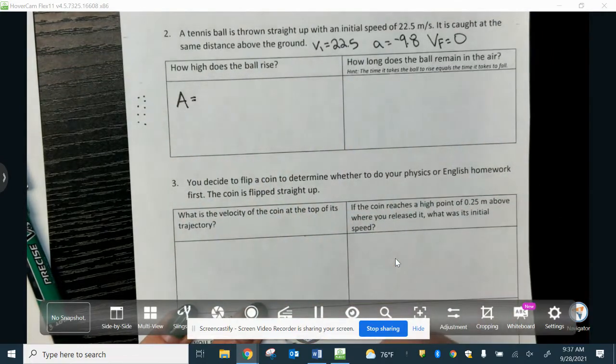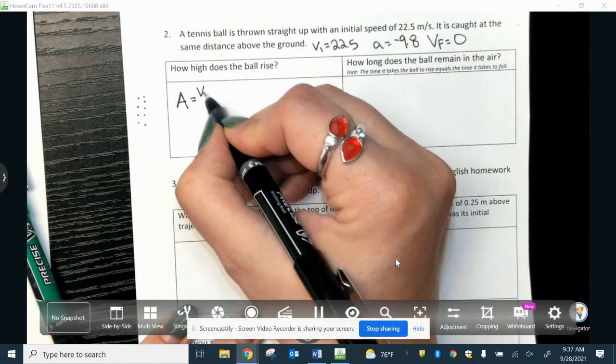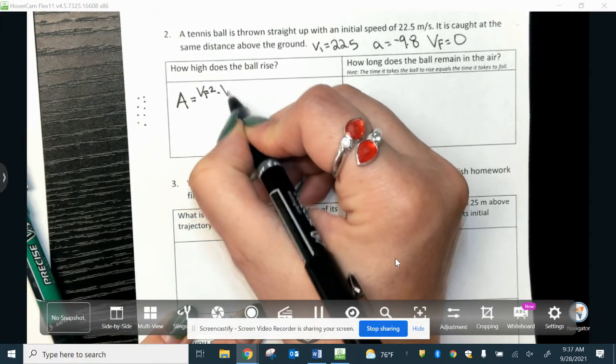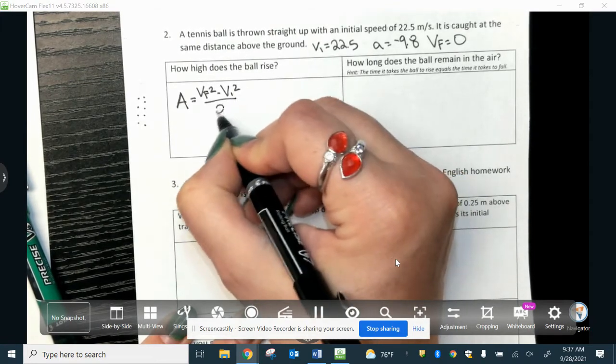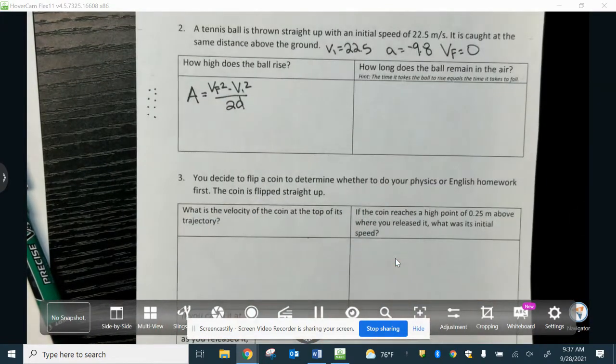I do not have time, so I have to use that formula.